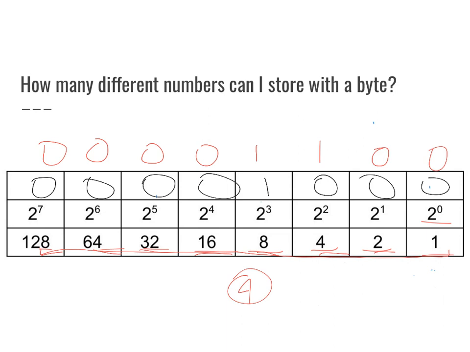Okay, what about if I wanted to represent a trickier number? What happens if I wanted to represent, say, 39 in binary? Okay, let's give that a go.